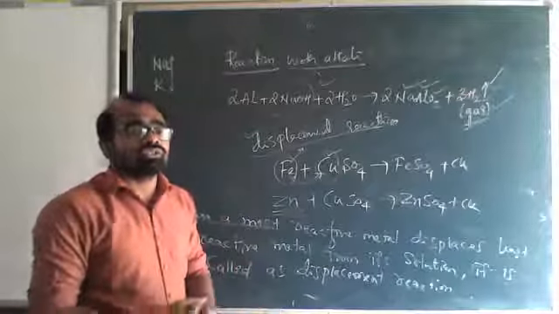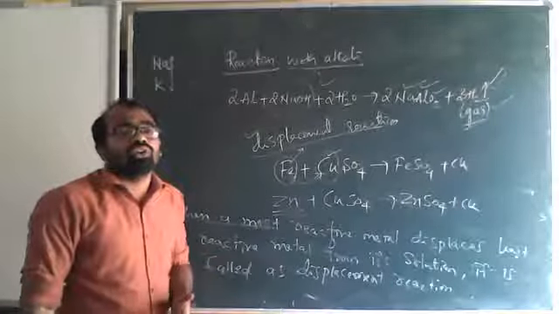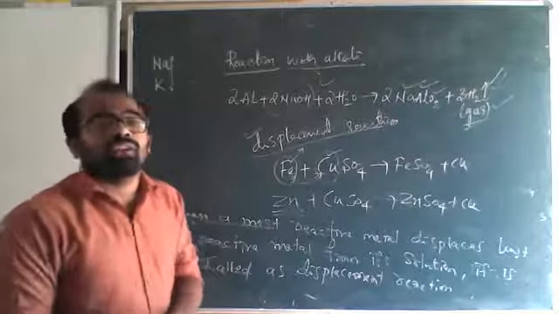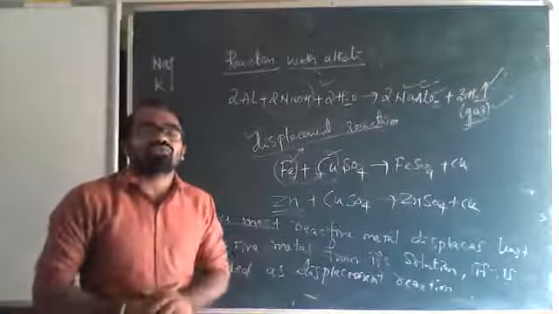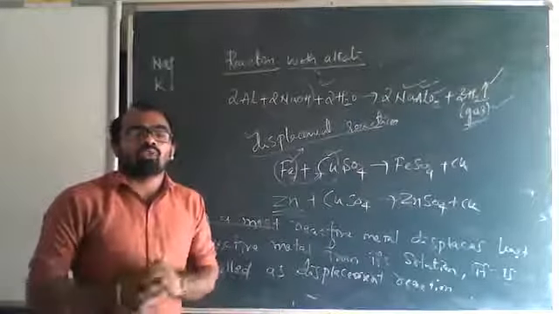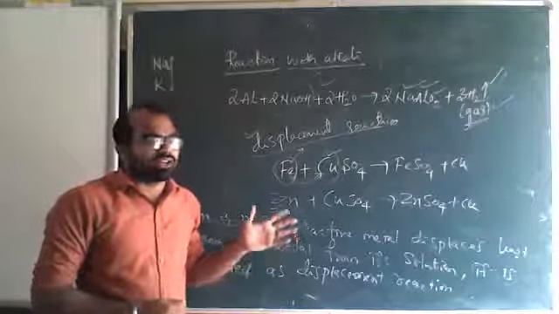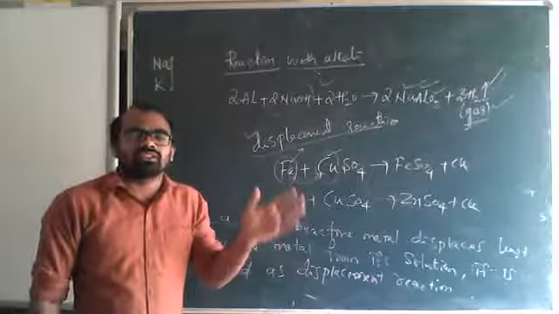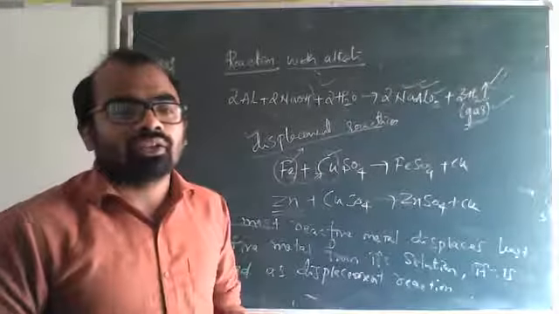So these are the reactions of metals. We have not yet gone to reactions of non-metals. We are still seeing the reactions of metals. I hope you all are getting my point. So reaction with alkali means Na, K, these kind of metals are called alkali metals.